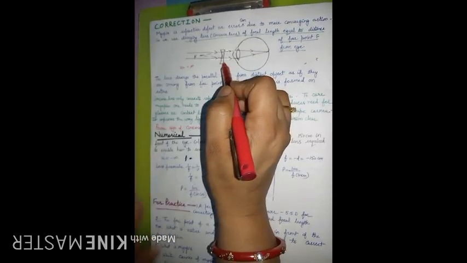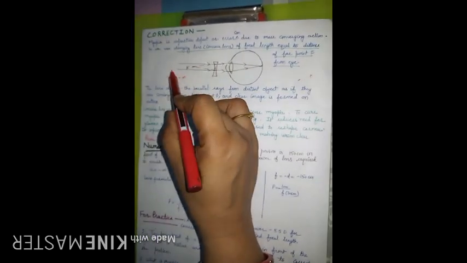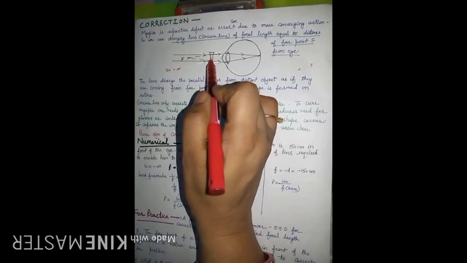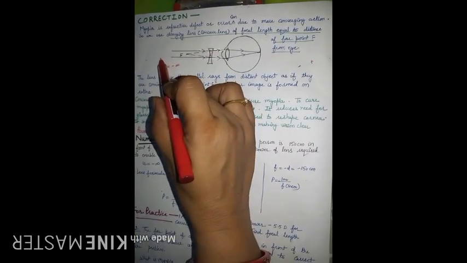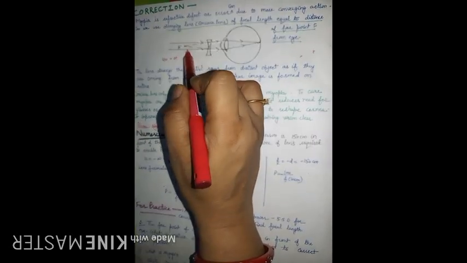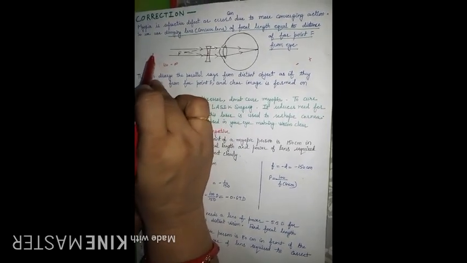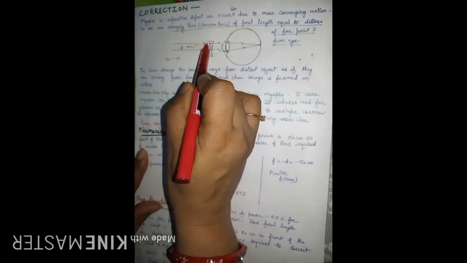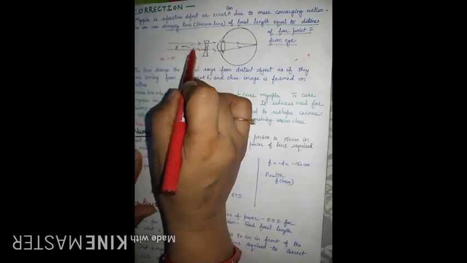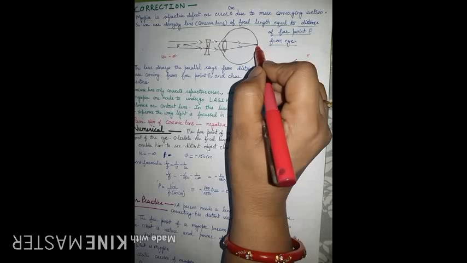And we have done ray diagrams for concave lens: if the object is kept at infinity, image formation will be virtual, on the same side where the object is kept, and it will be on the focus of concave lens. So image of that object kept at infinity will be made by this concave lens at this point, and then finally we will be able to get image here.